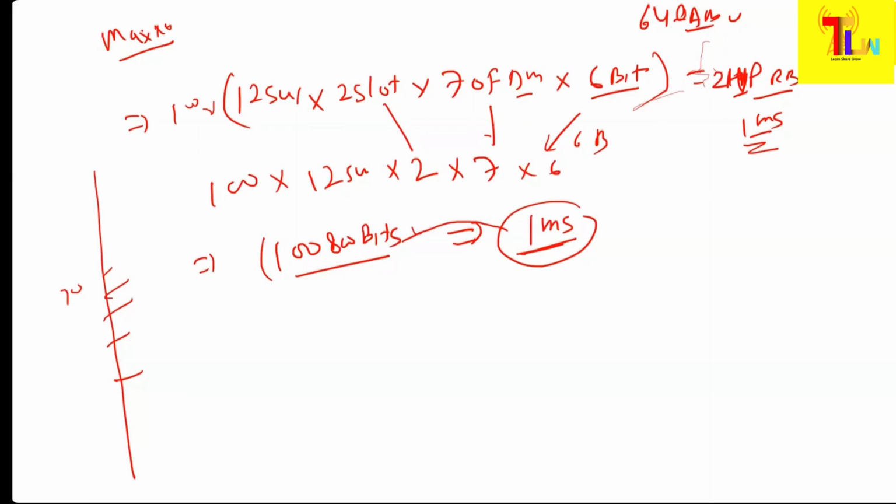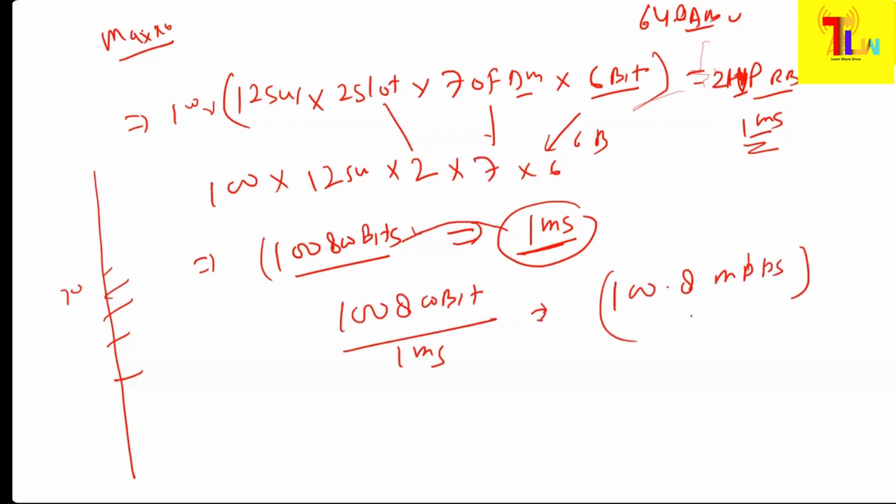If you calculate in bits per second, 100800 bits divided by 1 millisecond will be around 100.8 mbps. So this is your LTE throughput in case of 20 megahertz.